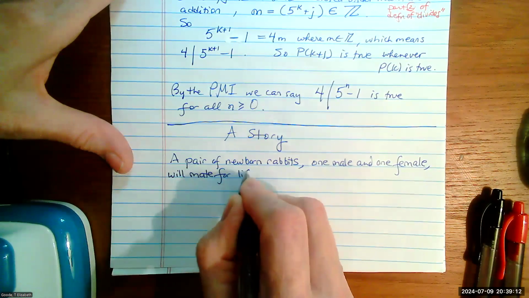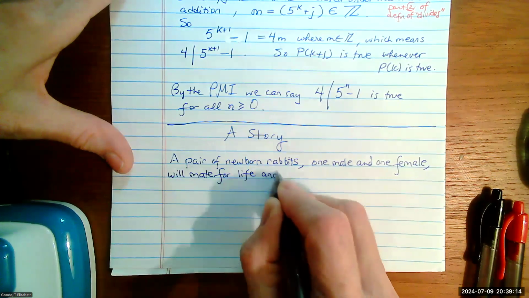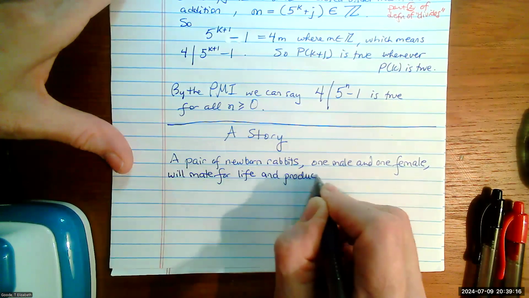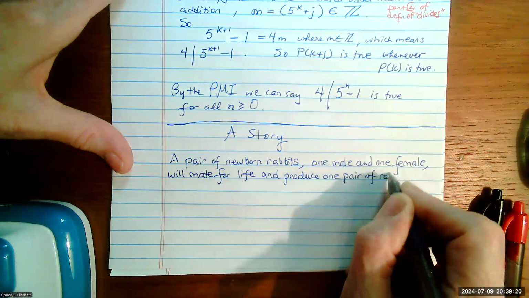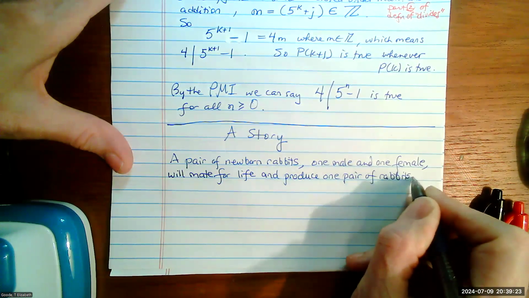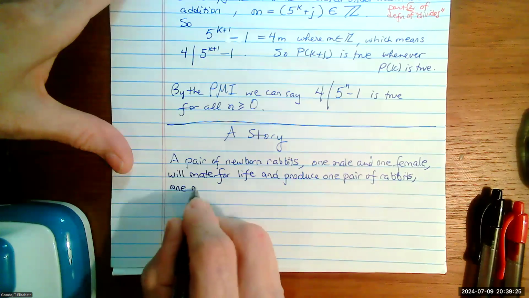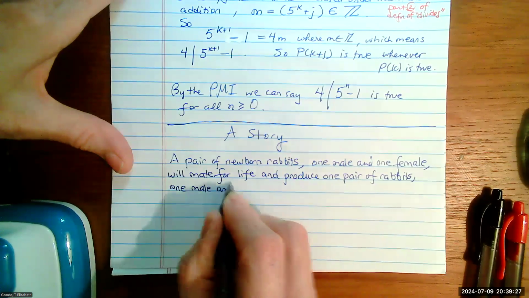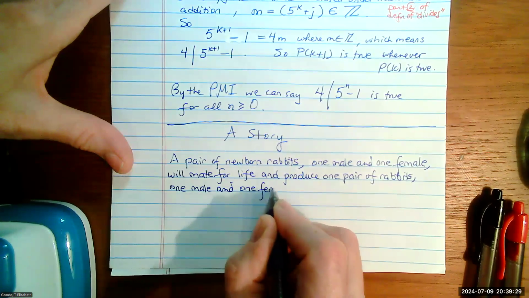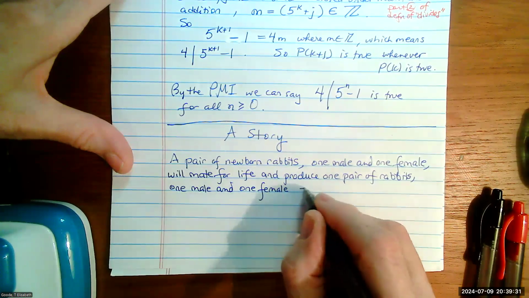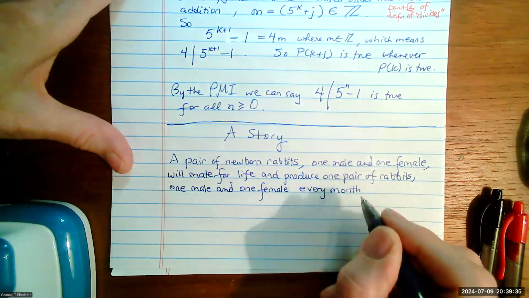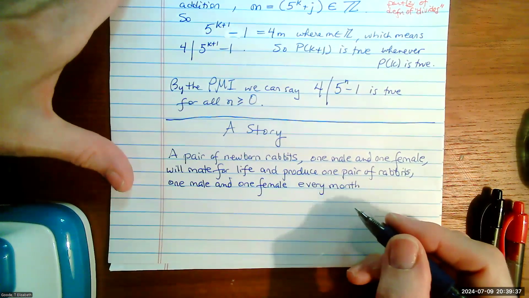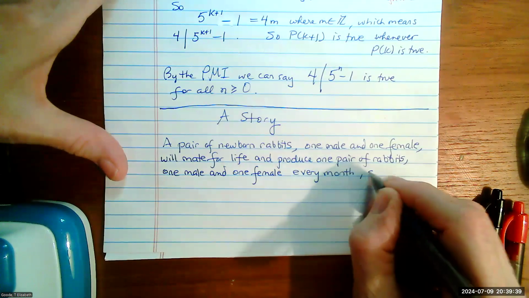They will mate for life and produce one pair of rabbits, one male, one female, every month, starting with the month they turn 2 months old.